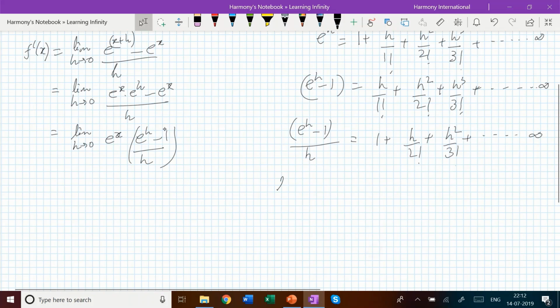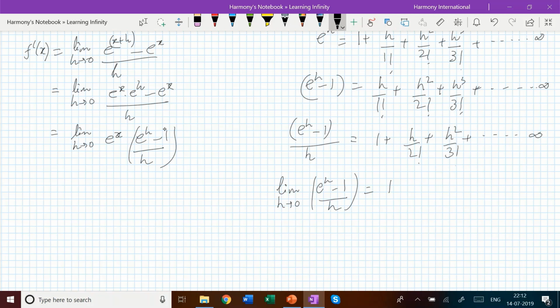Now if we put the limit h tends to 0 of e to the power h minus 1 by h, we get 1 plus limit h tends to 0 of h by 2 factorial plus h square by 3 factorial up to infinity.